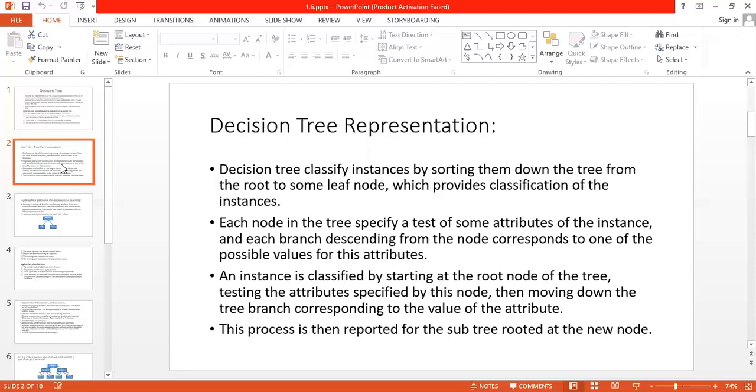This process is then repeated for the subtree rooted at the new node. For every root we have some leaves, and that leaf node might work as a root node for another leaf node. We continue this process until we complete all the training sets provided to the algorithm.